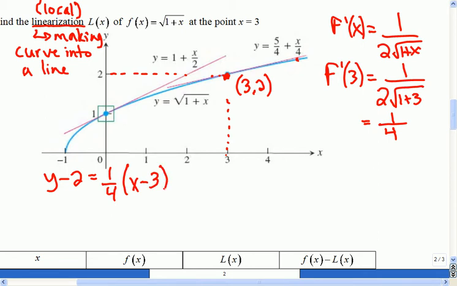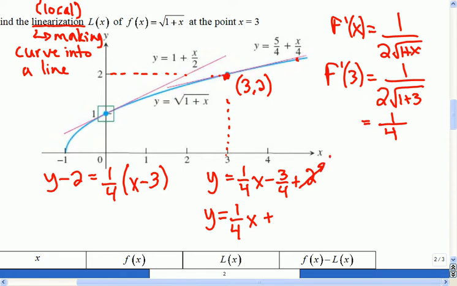And if I rearrange this and combine it, that means y would be equal to 1/4 x plus, so 2 is like 8 out of 4, so we'd have 5 out of 4 here. Okay, so that would be the line that we could use to approximate it.